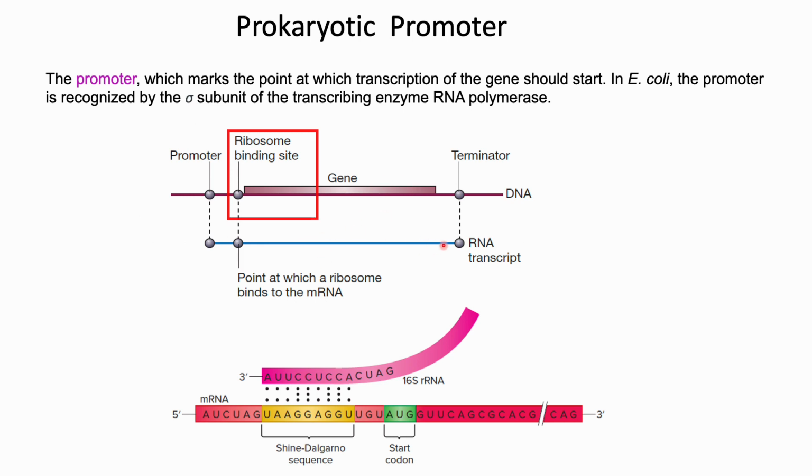The RBS controls the accuracy and efficiency with which the translation of mRNA begins. It is also known as the Shine-Dalgarno sequence, which is composed of the polypurine sequence located just 5' of the AUG initiation codon.